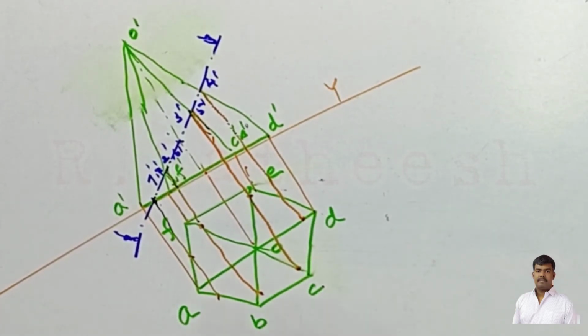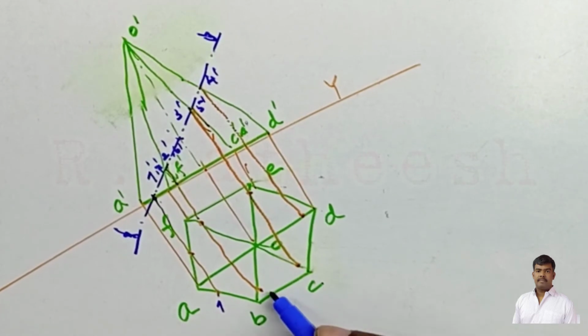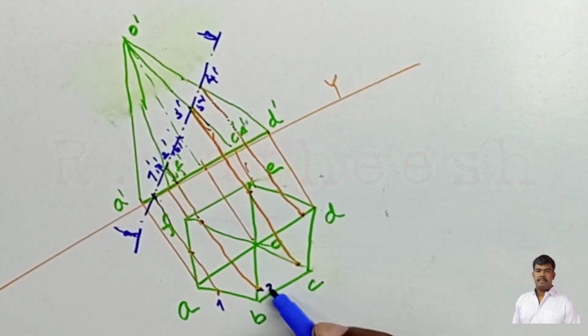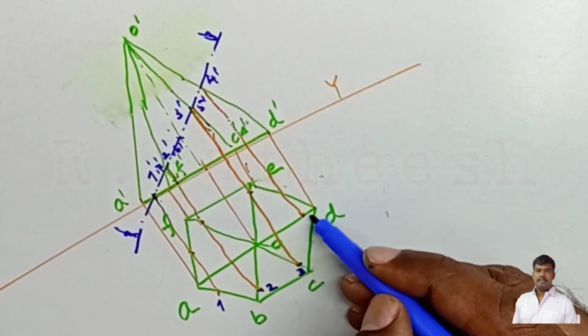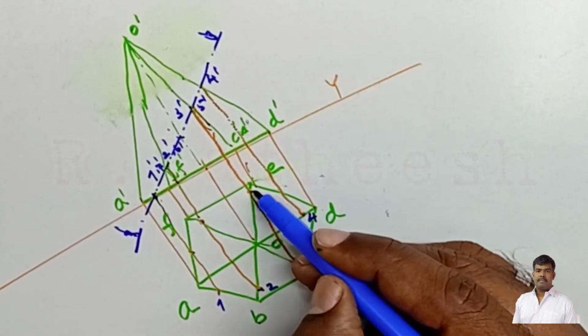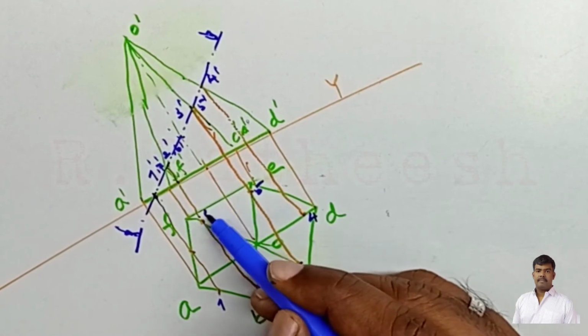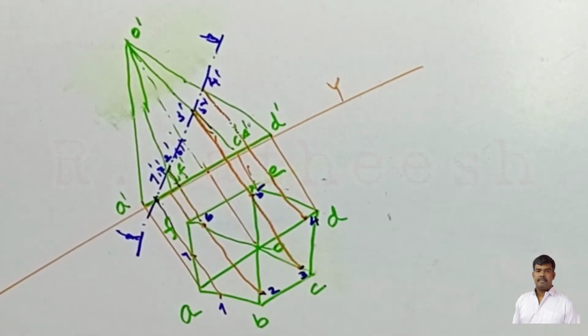Therefore, we know that this is 1, this is 2, 3, 4, 5, 6 and 7.